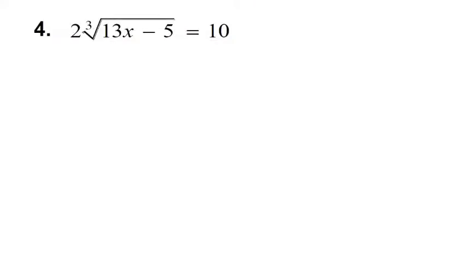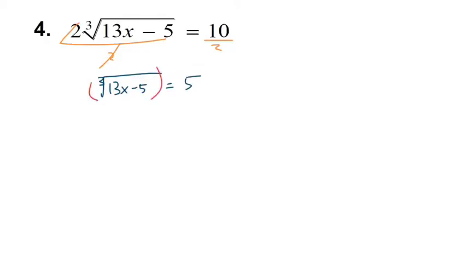Number 4, same idea as before. You can do this one of two ways. You can either go ahead and cube it, but don't forget to cube the 2 because it's on the outside, or you can divide by the 2 and get the third root of 13x minus 5 equals 5.